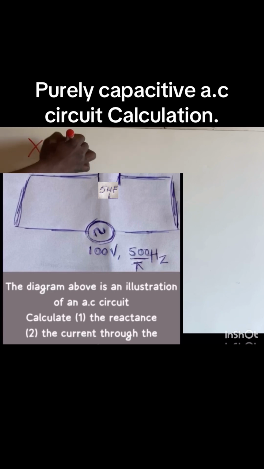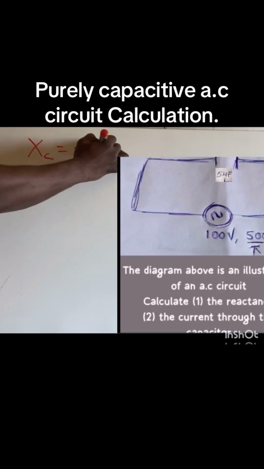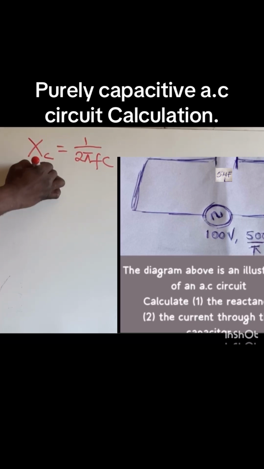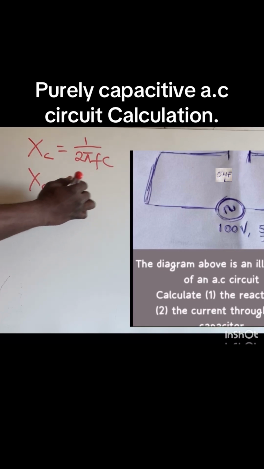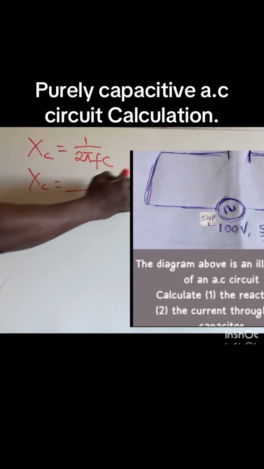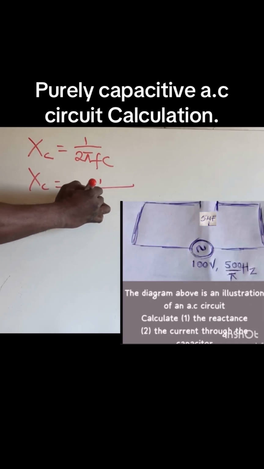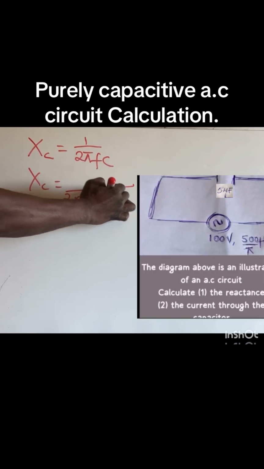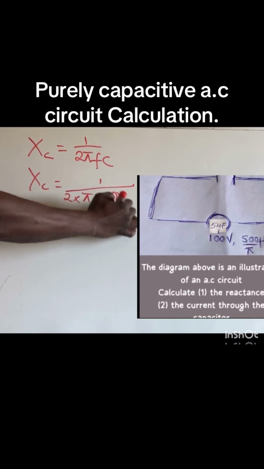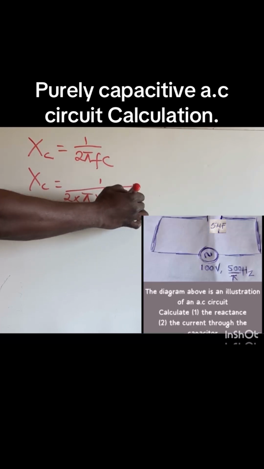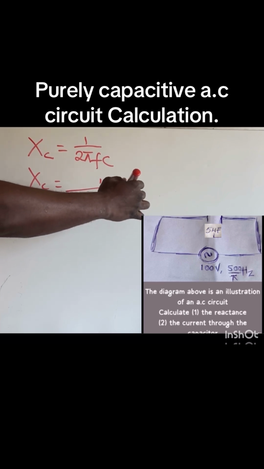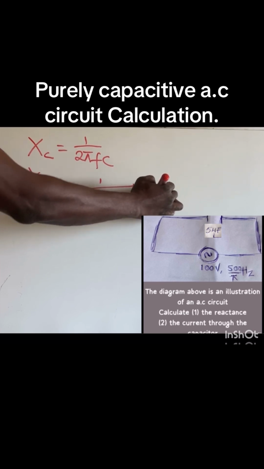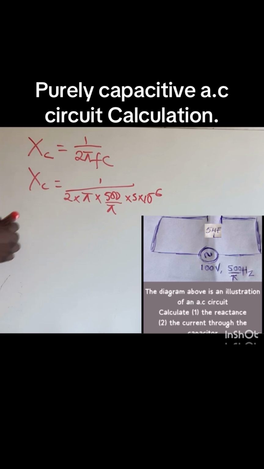So from there we have that our capacitive reactance is 1 over 2 pi f C. The frequency given to us is 500 over pi, while the capacitance is 5 times 10 raised to the power minus 6 due to the microfarad.